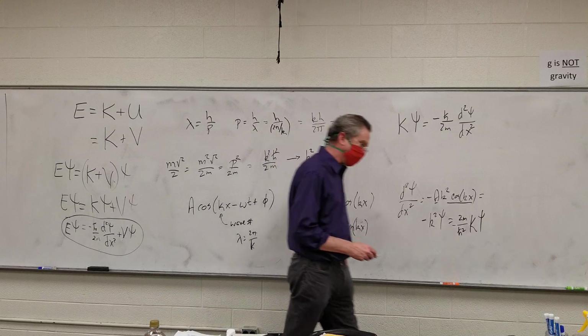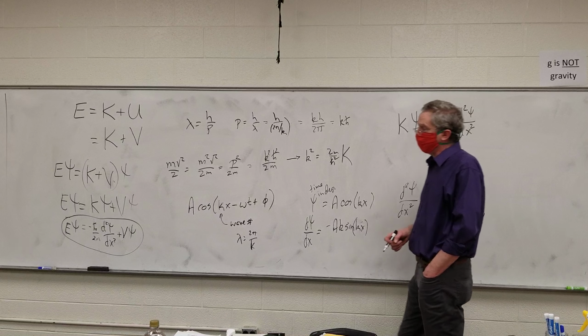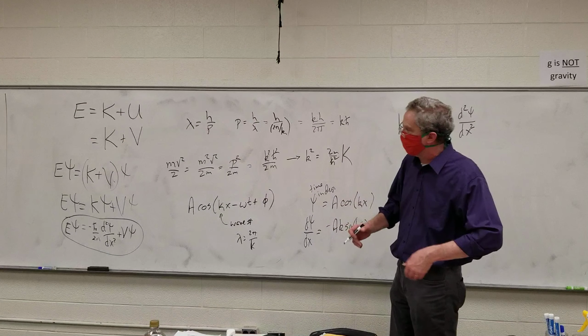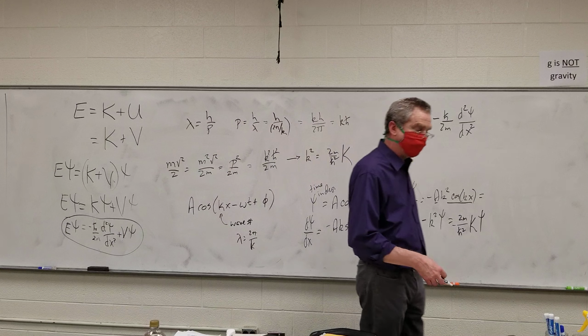We now have an equation to describe something that is a wave. So if I give boundary conditions, we can now figure out what psi is in order to describe the particle.